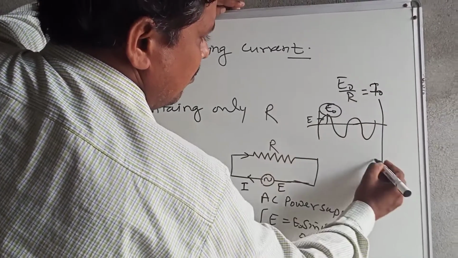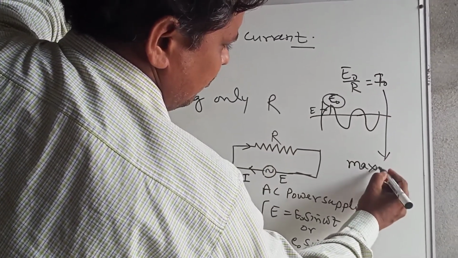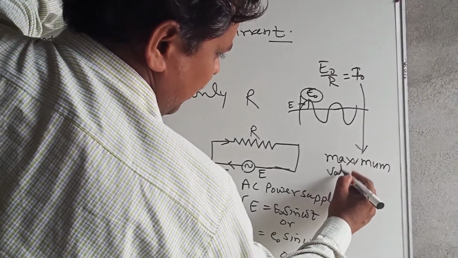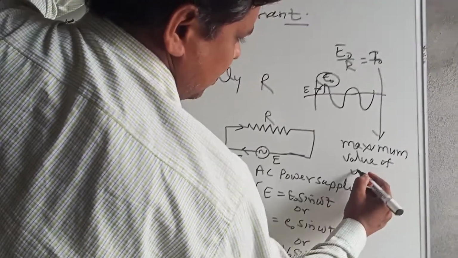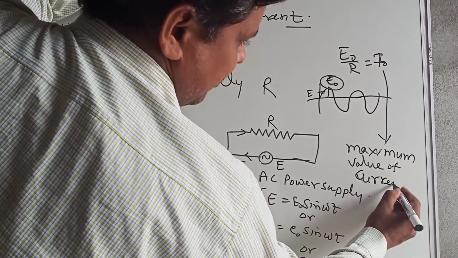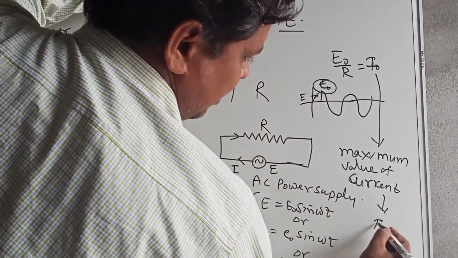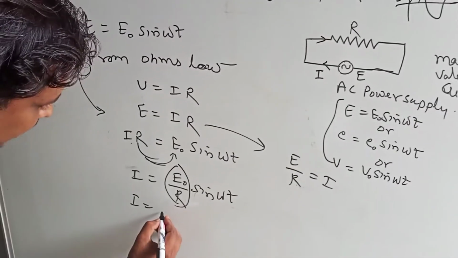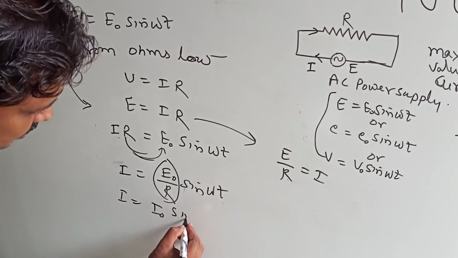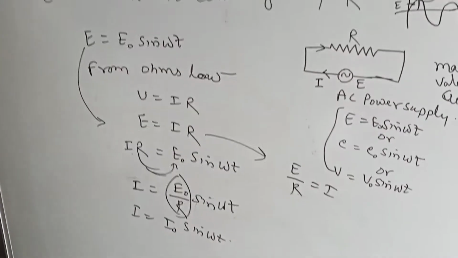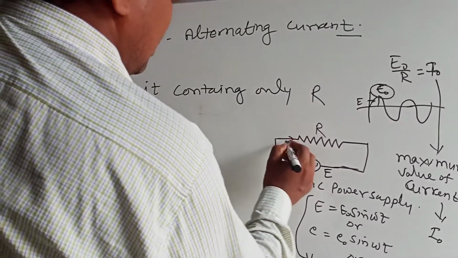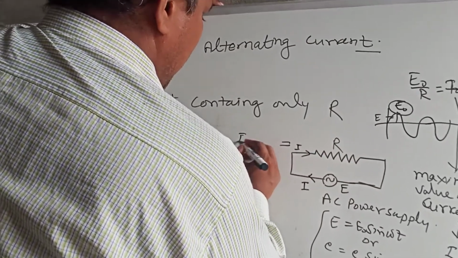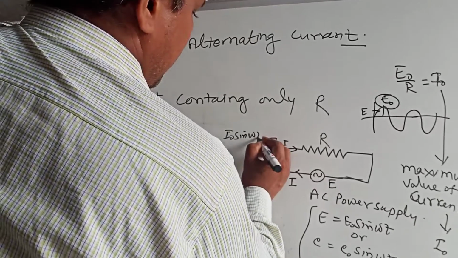This is the maximum value of current and is represented as I naught. So this equation is given as I equal to I naught sin omega t. So here the current I is equal to I naught sin omega t.